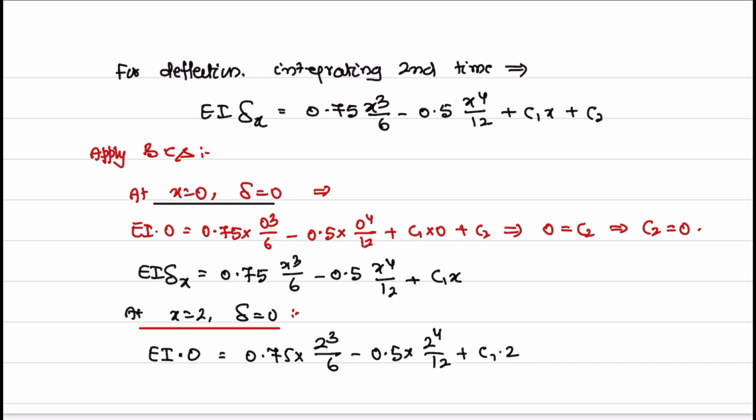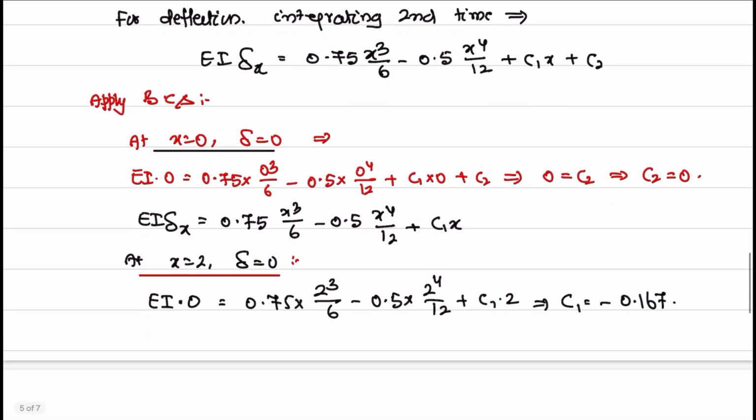When you solve this, you will get these arithmetic things. You please do it. When you solve it, you will get C1 is equal to minus 0.167, and C2 is 0.